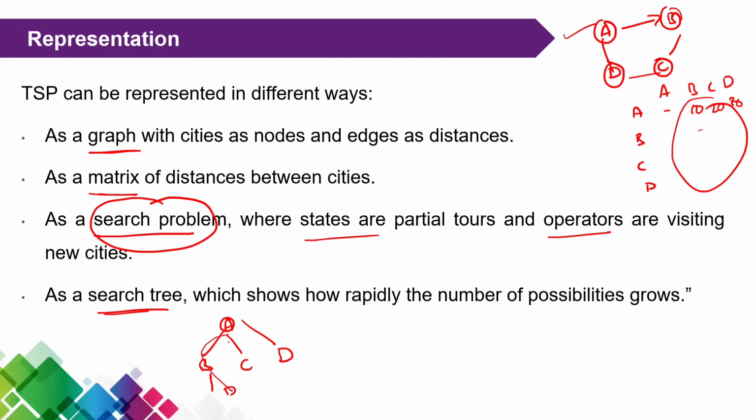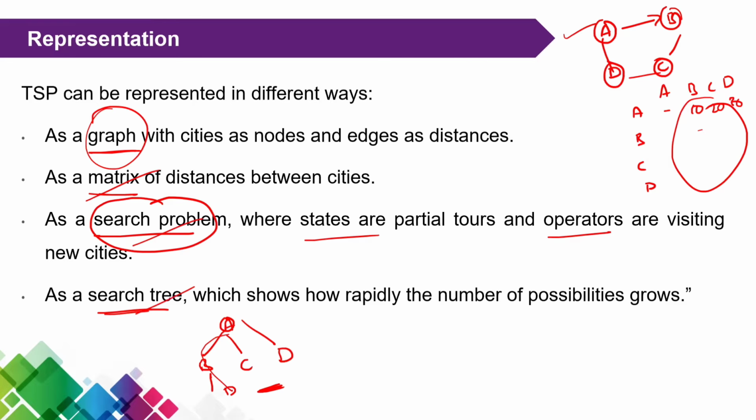The depth represents the number of cities visited so far. Whenever we are at a leaf node, it means we have visited all the cities. Got it? So if you want to solve the traveling salesman problem, we first represent it in the form of either a graph, a matrix, a state space search, or a search tree.